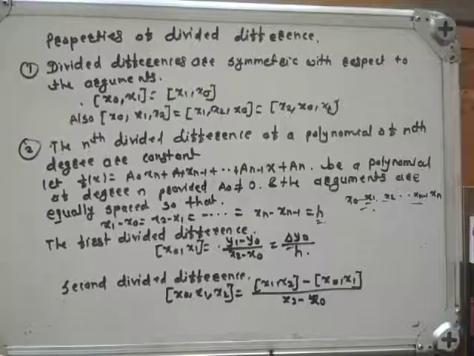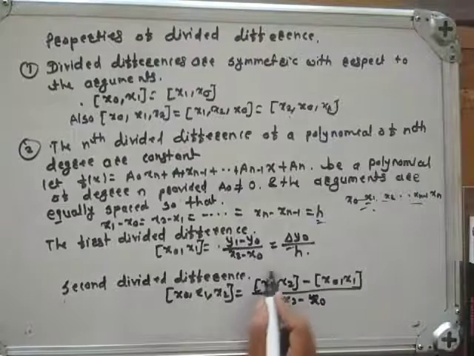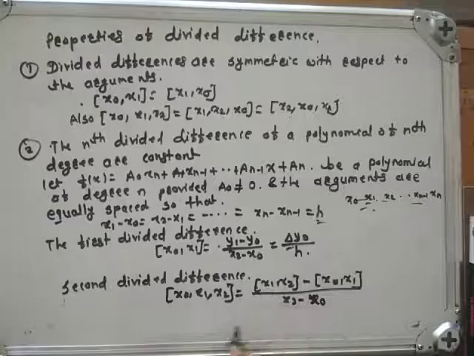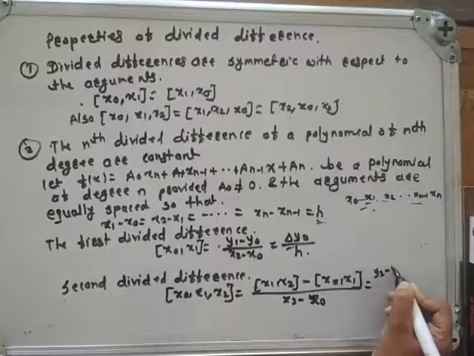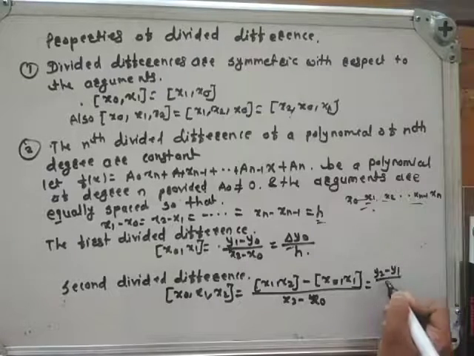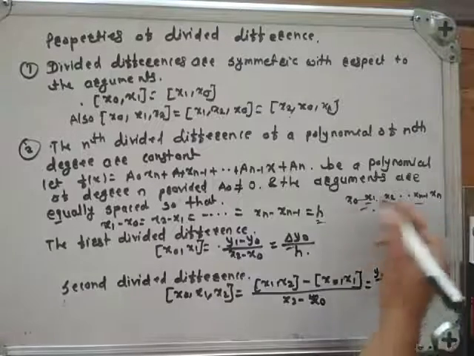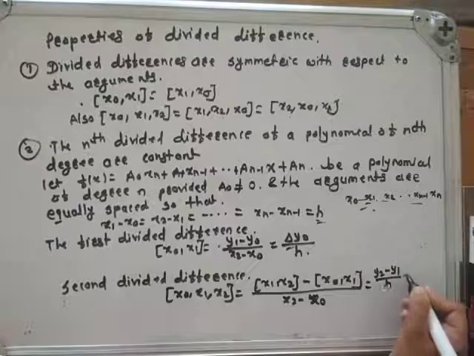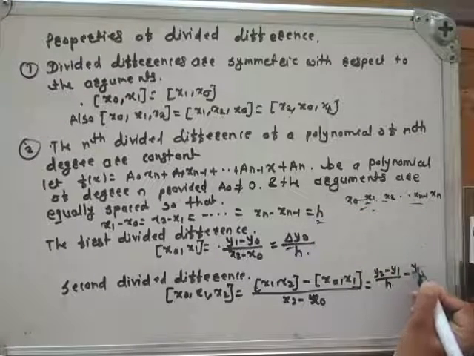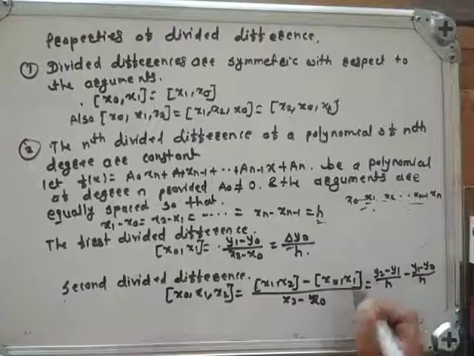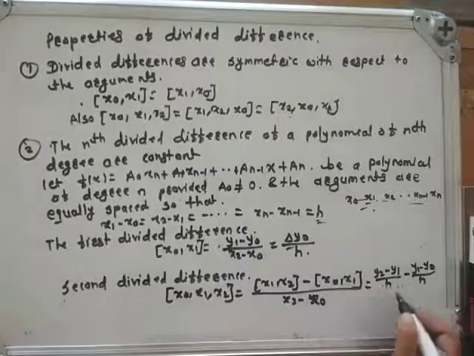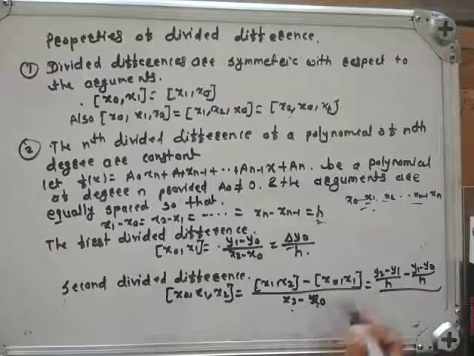Now, the formula of this is y2 minus y1 upon x2 minus x1, but here x2 minus x1 is h, minus y1 minus y0 upon x1 minus x0, which is again h, upon x2 minus x0.